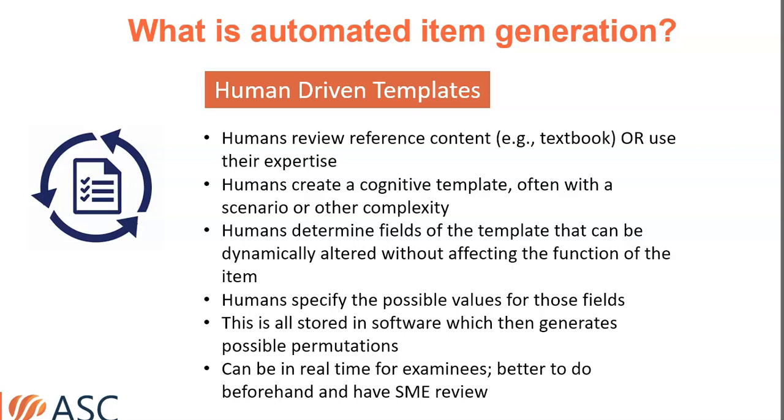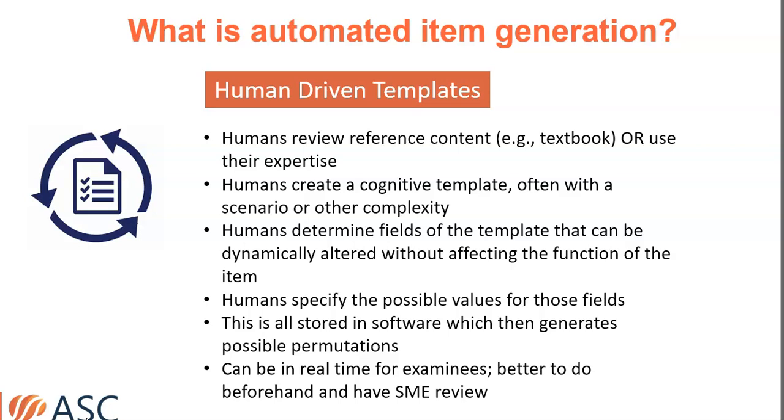That type of change doesn't drastically affect what the item is actually assessing. Humans are then going to specify possible values for these fields. So for example, they might do 62, 64, 66-year-old man. This is all going to be stored in specially designed software, which then generates these permutations. And then it's going to create those permutations for the examinees.